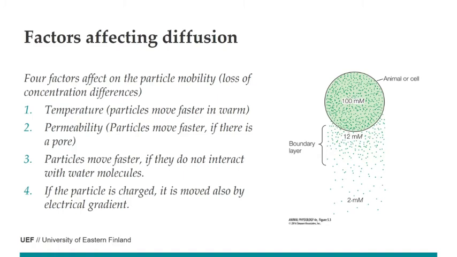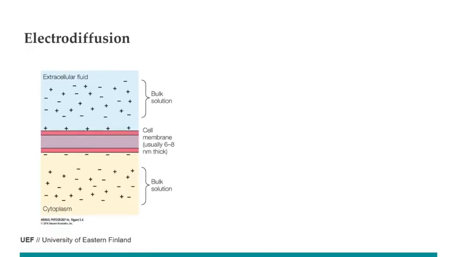So it can be that it's also accumulating around the cells, especially these electrically charged particles. So we have electrodiffusion. We have the cell membrane, and depending on the voltage difference between inside and outside, it tends to accumulate positive and negative charges on this membrane.